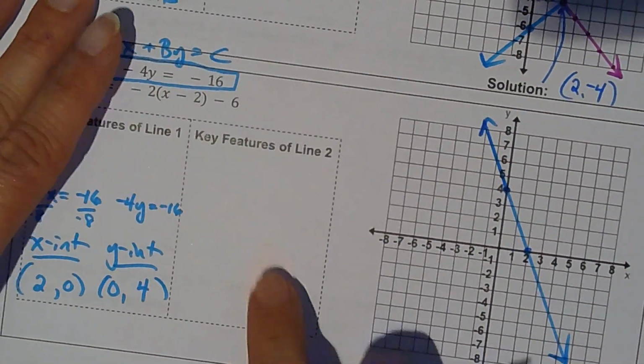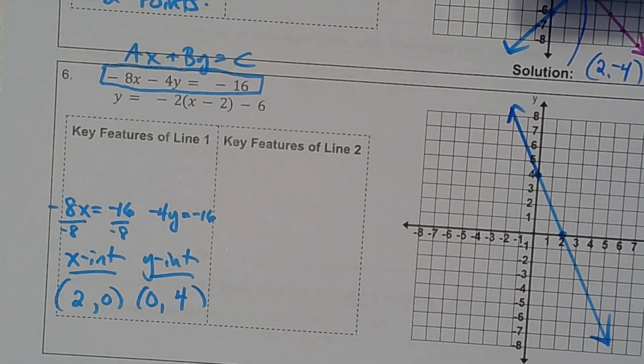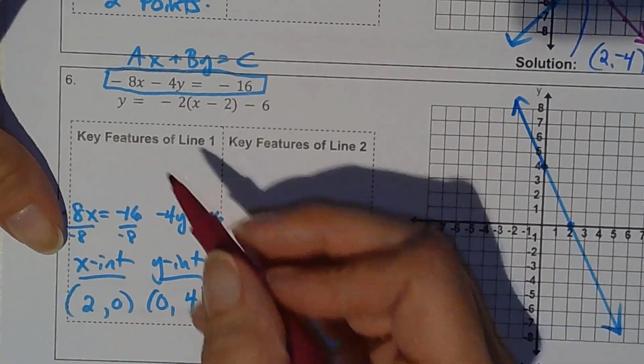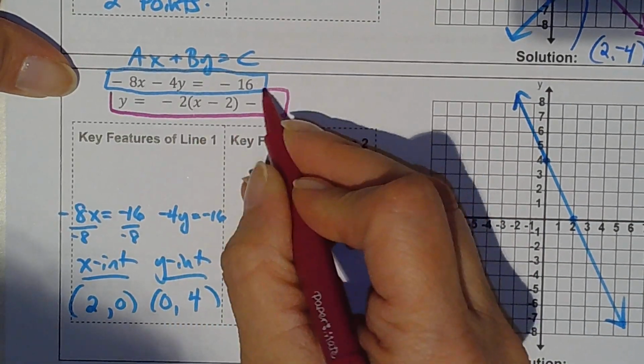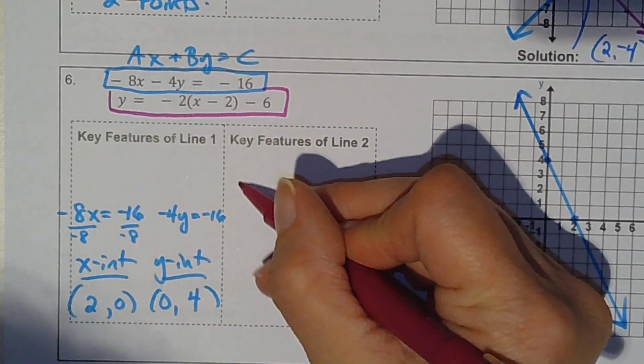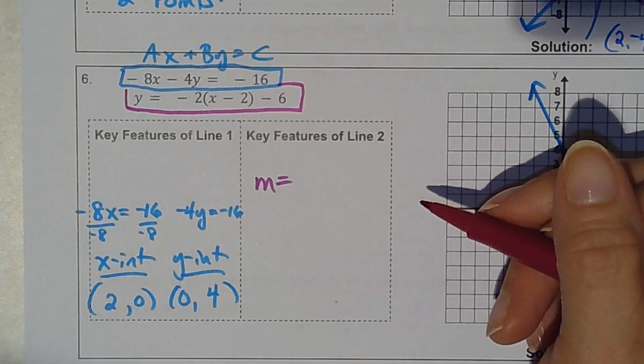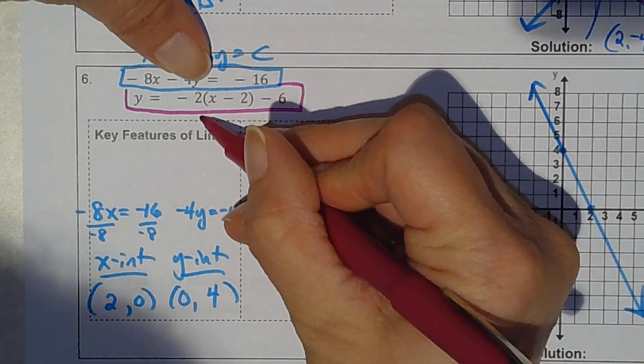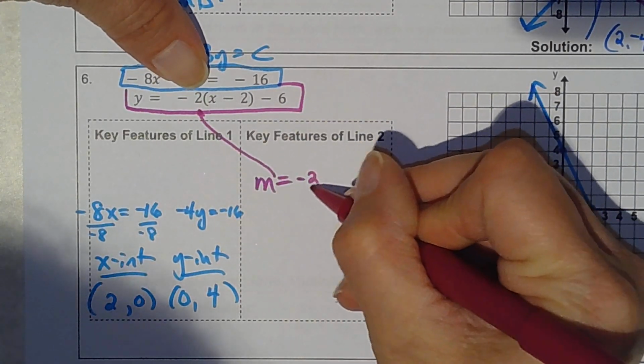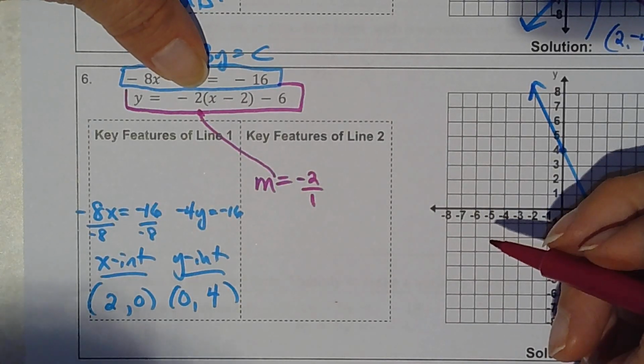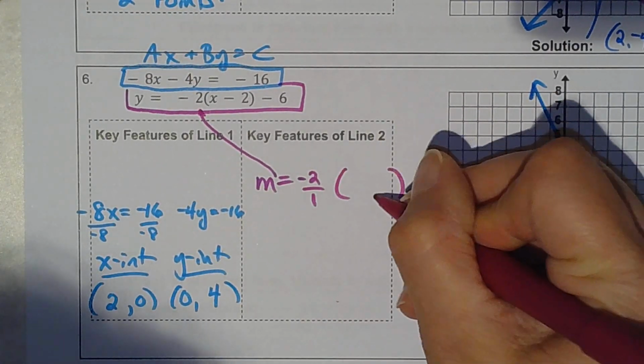Let's go ahead and graph our second equation. This one is in point-slope form. So what is the slope of this line? The slope is right there in front of the x, -2 over 1. And what is the starting point of this line?